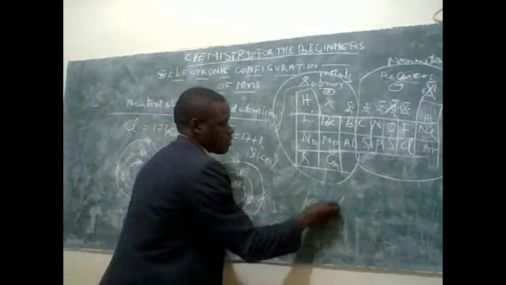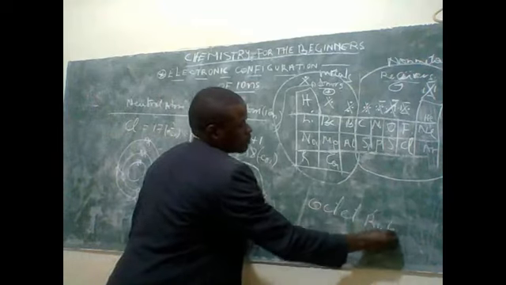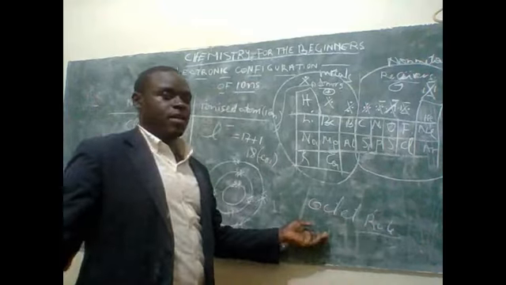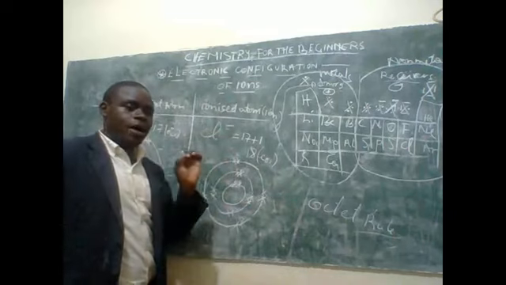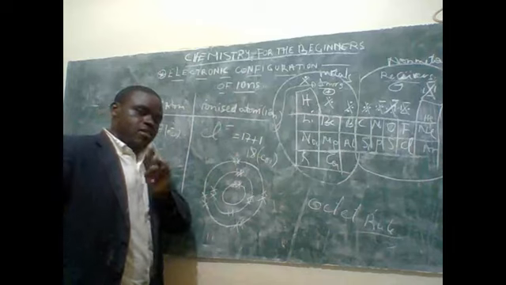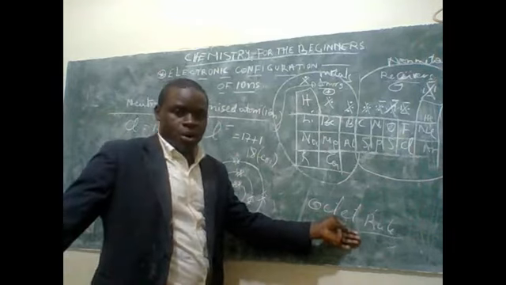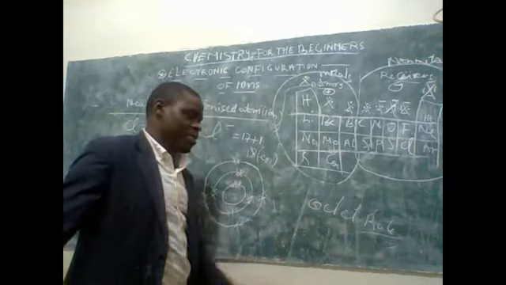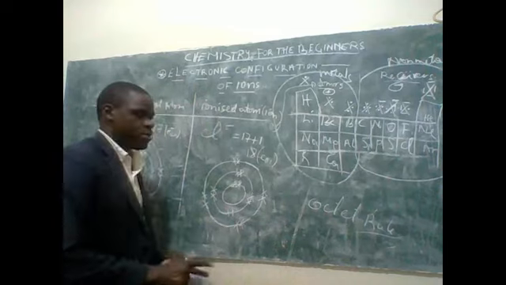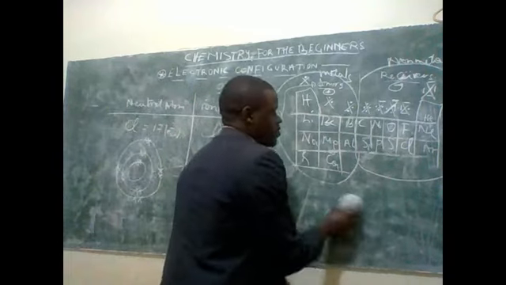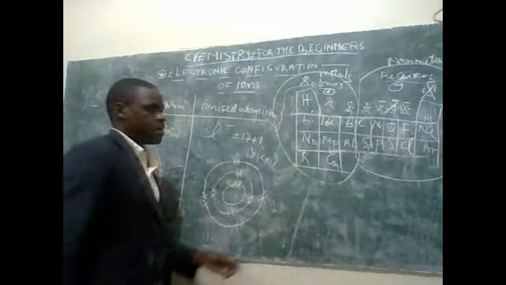Octet rule is like, say, when the outermost shell has 8 electrons, it is full. We call it the octet rule. We shall see it in its own lesson. It's not all about here, but you may have heard this word octet.